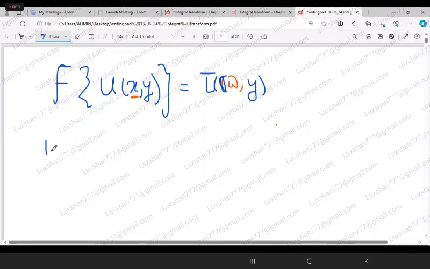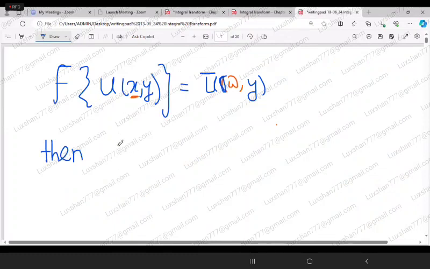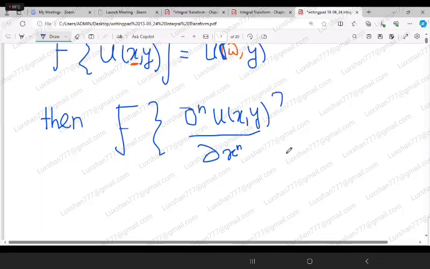Then the Fourier transform of the partial derivative of order n of u(x, y) over partial x to the n equals (minus i omega) to the power n times u bar(omega, y).